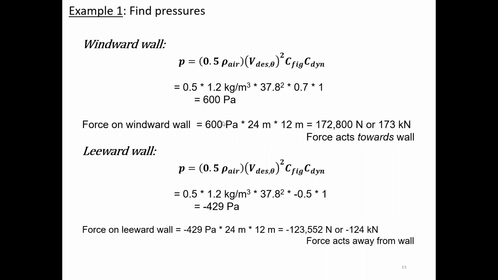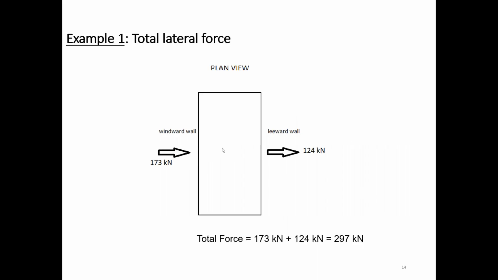So for the windward wall, you have a force acting toward the wall of 173 kN, and on the leeward wall a force of 124 kN. You've got a total force on the building of 297 kN.